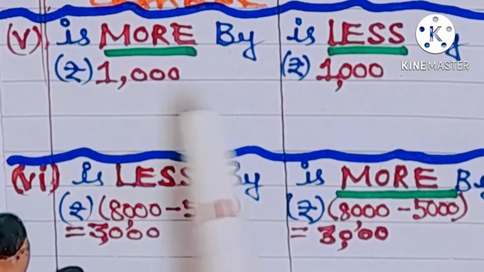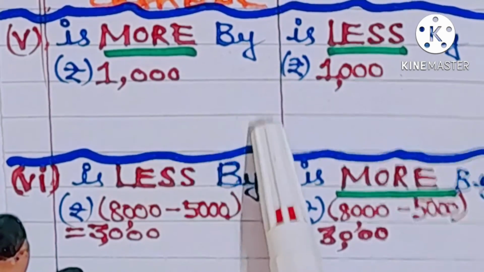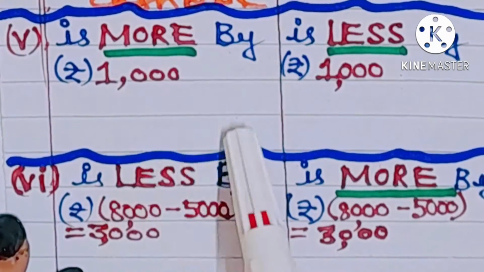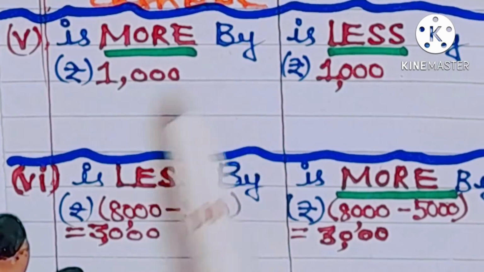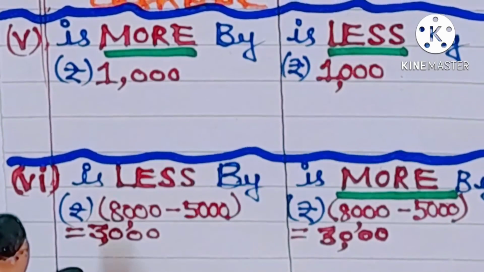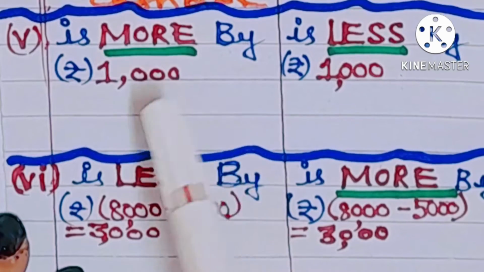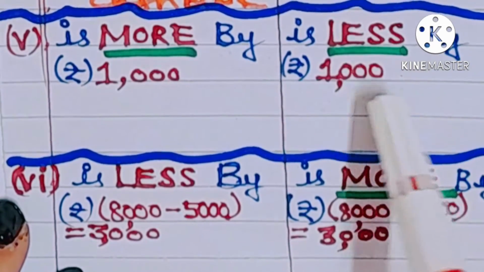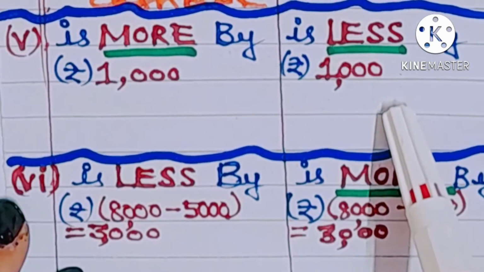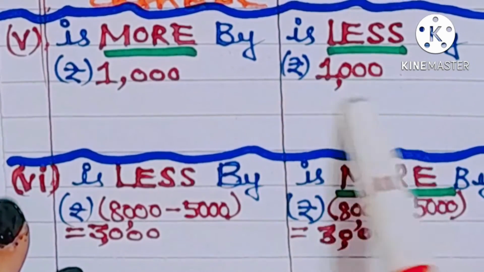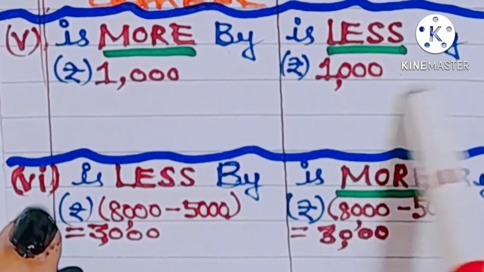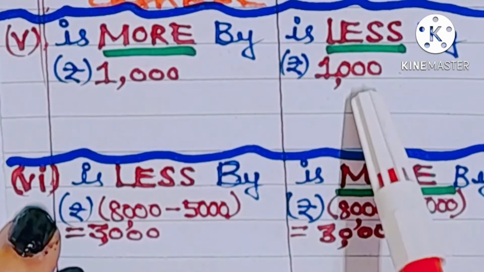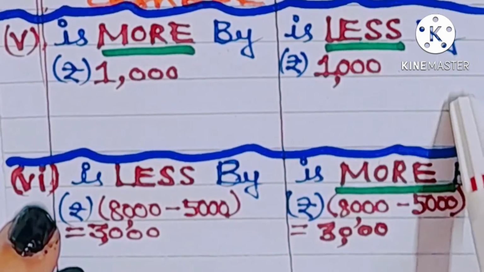So businessman has not recorded rupees 1,000. That means businessman has not deducted rupees 1,000 for the payment of bank charges. So cash book balance is more by rupees 1,000, whereas passbook balance is less by rupees 1,000, because bank has already deducted rupees 1,000 and has recorded rupees 1,000 in the withdrawal column or debit column of the passbook.